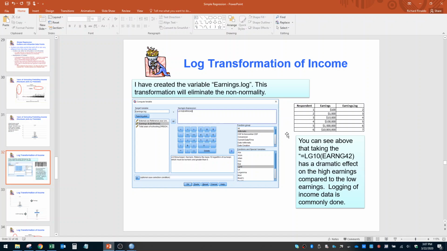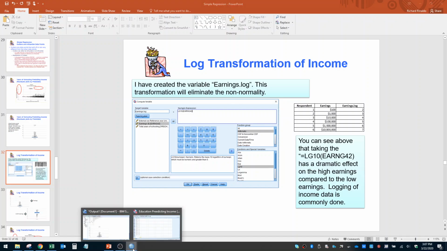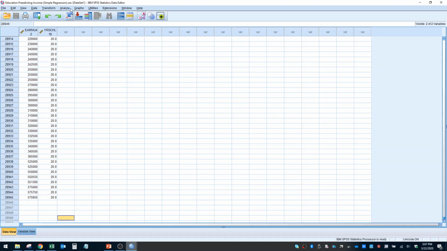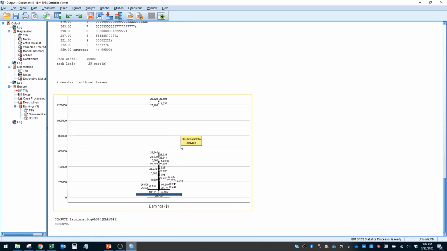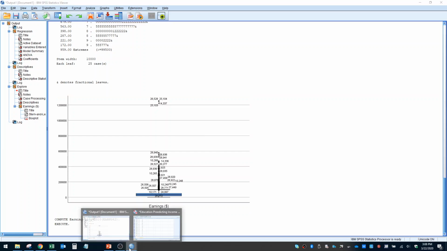And I'm showing here, for those who have access to SPSS, that's what it looks like. So what I'm going to do is log the data. I'll do it in SPSS first. So I'm going to Transform, Compute. And I'm going to create earnings log, and it is equal to the log 10 of earnings. Then I go OK. So I'm creating a log of the data. I look at my data.